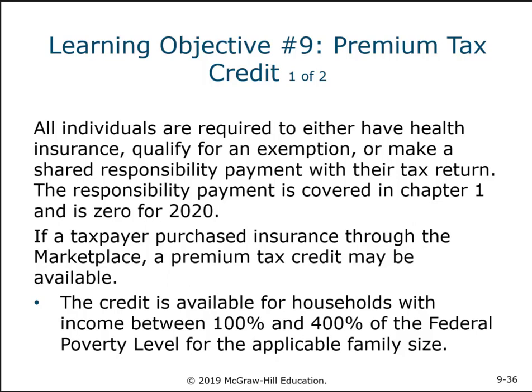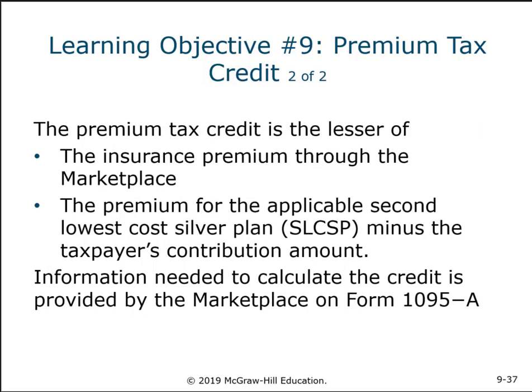Premium tax credit. It has become less common, but if your income is between 100 and 400 percent of the federal poverty level, then you may receive a credit that helps you pay for health insurance by giving you money. Okay, this is potentially refundable, and it's based on basically a couple of things: the premium that you pay through the marketplace if you buy insurance through a state-sponsored marketplace to get health insurance.